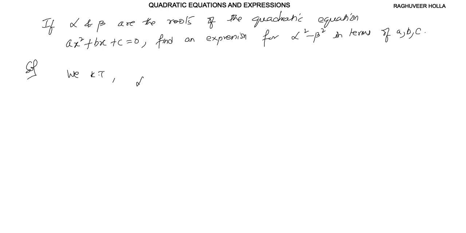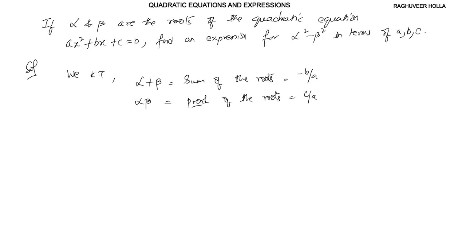So we know that alpha plus beta, the sum of the roots, is minus b by a, and alpha into beta, the product of the roots, is c by a.